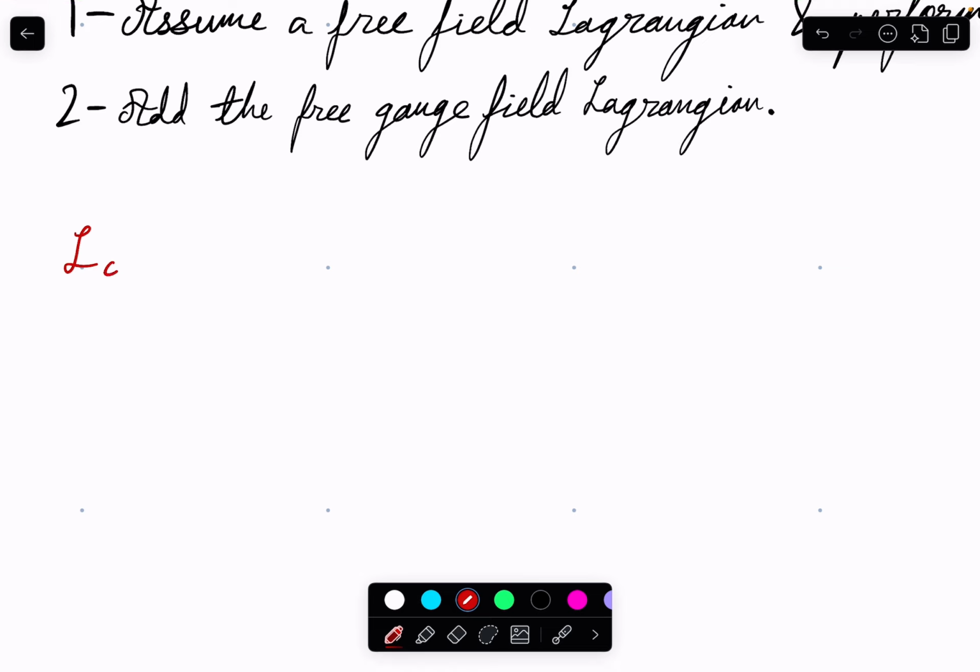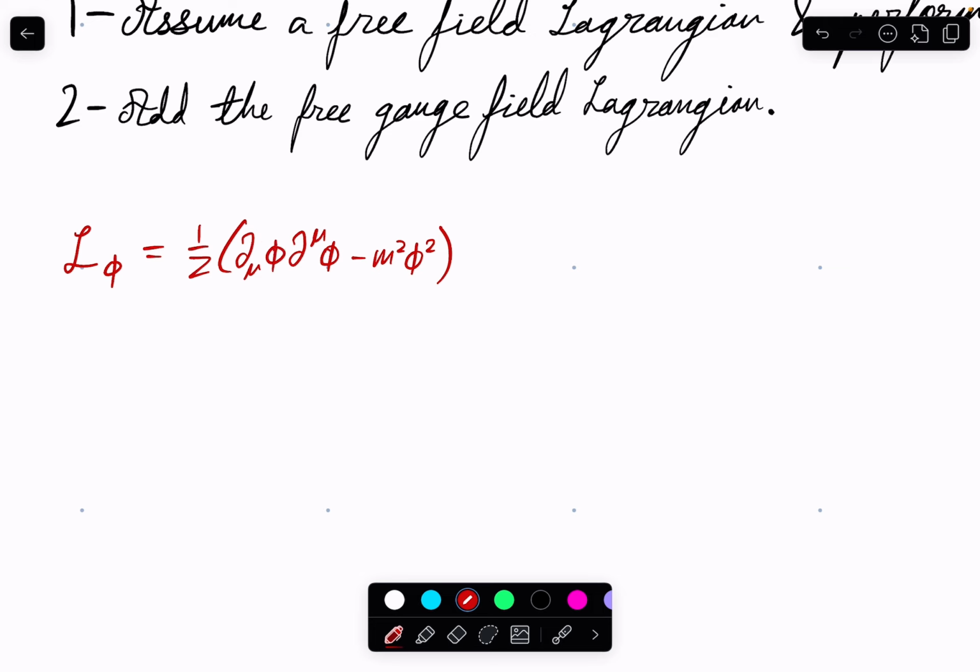Suppose we have the free scalar field, which is 1/2 partial mu phi, partial mu phi, minus m squared phi squared. Phi, that's better.